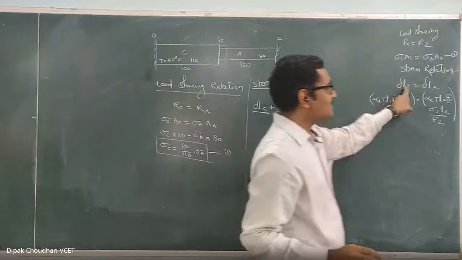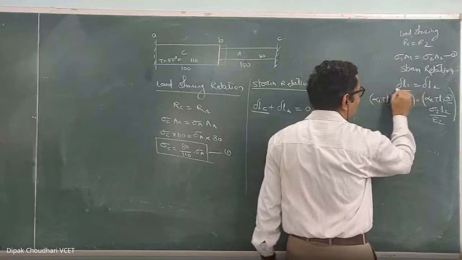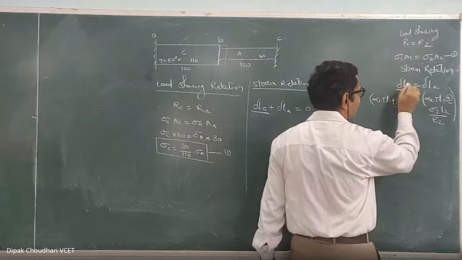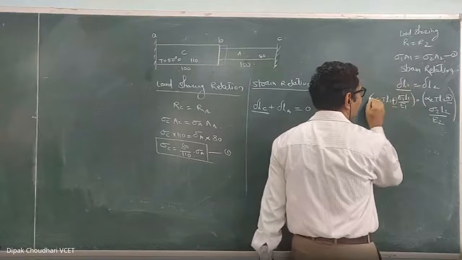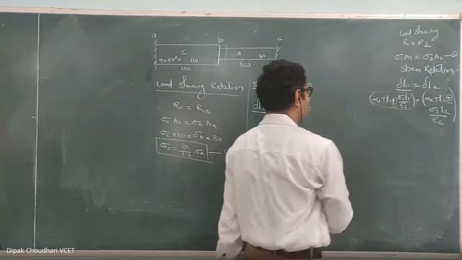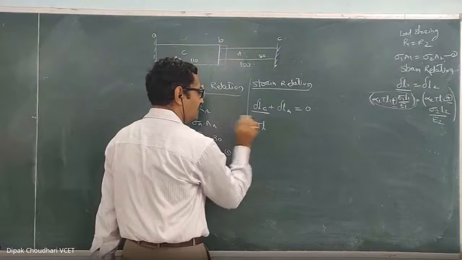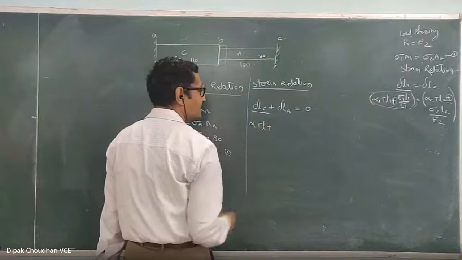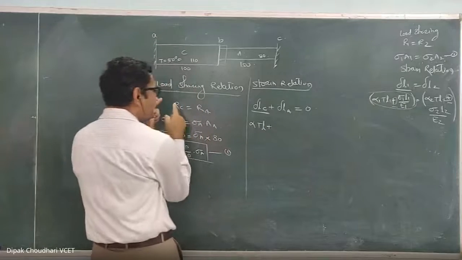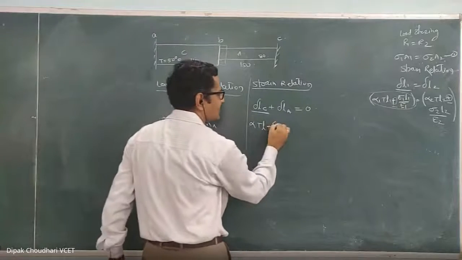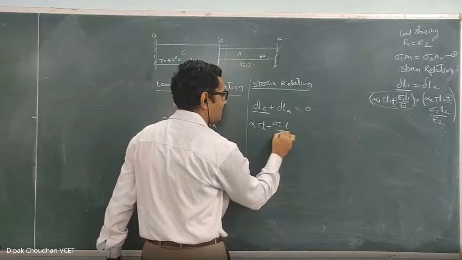Now here, the deformation of the copper in temperature cases has this formula. It is the deformation because of the change in temperature plus the deformation because of this reactive force, which is sigma C into L upon EC.